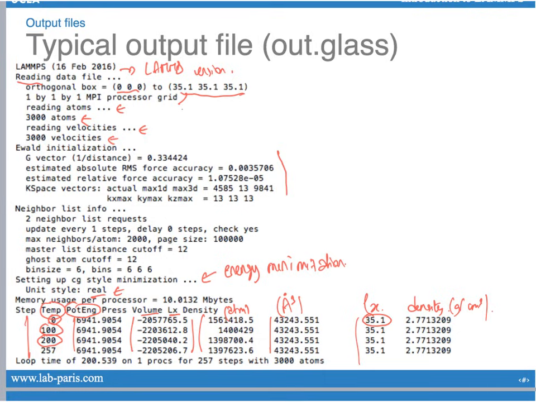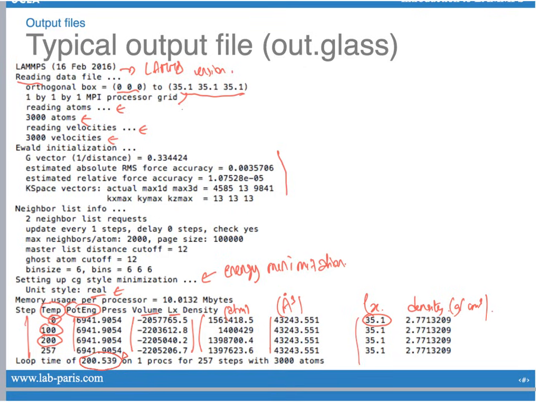The last piece of information that is always useful is at the end of each instruction. For example, at the end of the first energy minimization, when the energy has been minimized, LAMMPS will tell you how long it took to perform this action. So this number, 200 seconds, tells you how long it took for LAMMPS to perform this energy minimization.